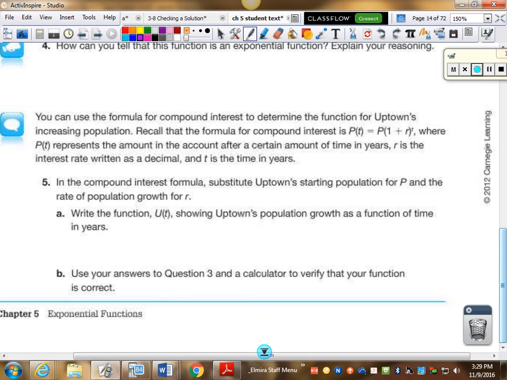For 5A, Uptown, they started out with 6,000. And we're going to use the compound interest formula. We're just not using it for interest this time.